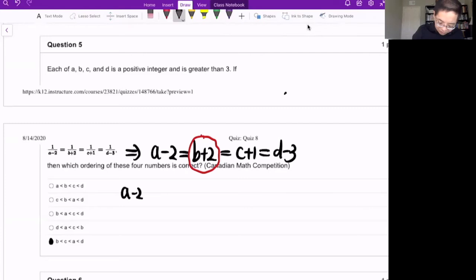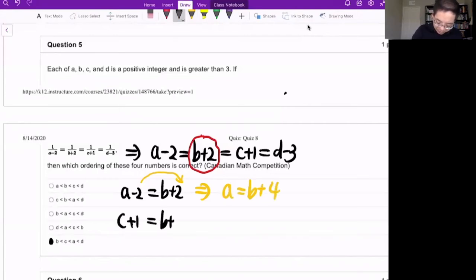So we have a minus 2 equals b plus 2. And this, of course, if you do algebra, move 2 to the right-hand side, we get a equals b plus 4, right? Then we also have c plus 1 equals b plus 2.